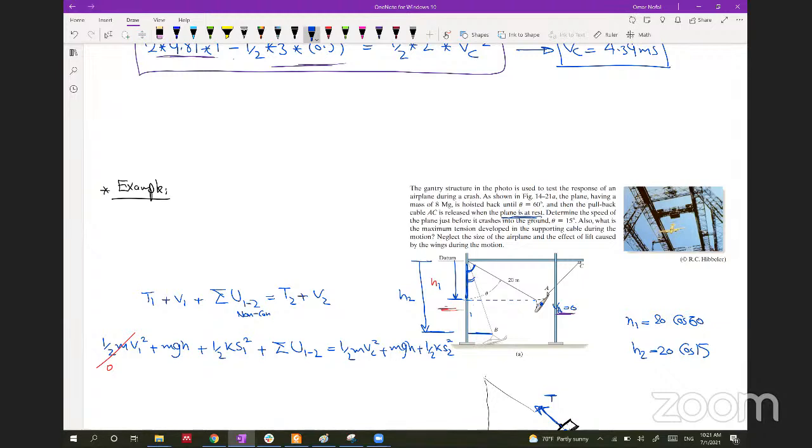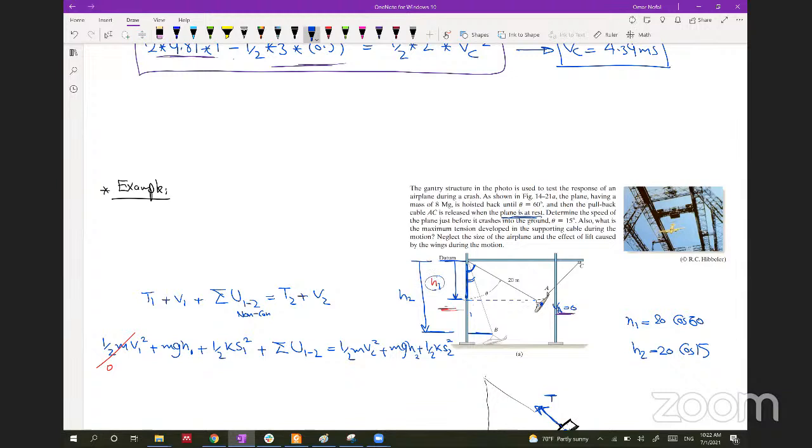And what is the value of the potential energy at H1 and at H2? Is it positive or negative for both? Does anybody know? At H1, wouldn't it be 0, and at H2 would be negative because it's below the datum? Actually, H1 is still below the datum here.